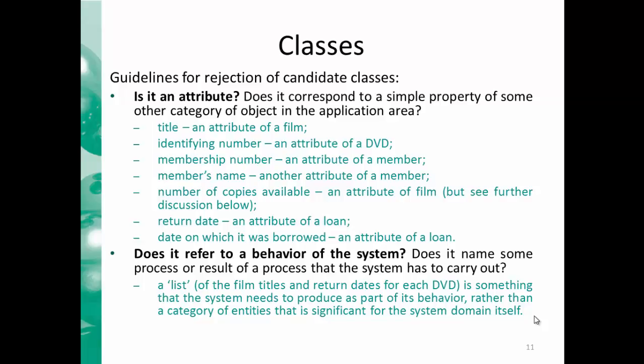Does it correspond to some simple property of some other category of objects in the application area? Like, for example, title is an attribute of a film. It's not a class that I need to build. Return date, for example, is an attribute of loan. I don't need to create an object or a class called return date, and so on.